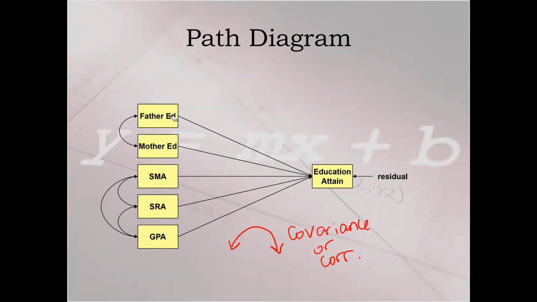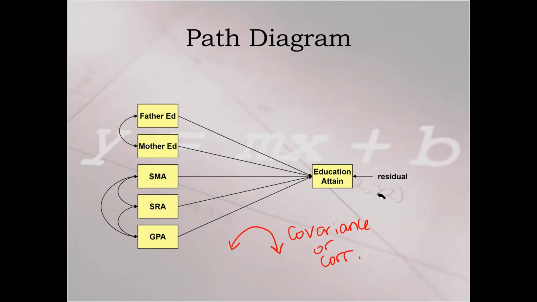There might be two-way arrows pointing to them, such as this covariance arrow, but there are no one-way straight arrows pointing to them. So if you ever see a path diagram where there is a variable with a one-way arrow pointing to it, including, by the way, this arrow, that's how you know that it is an endogenous variable.